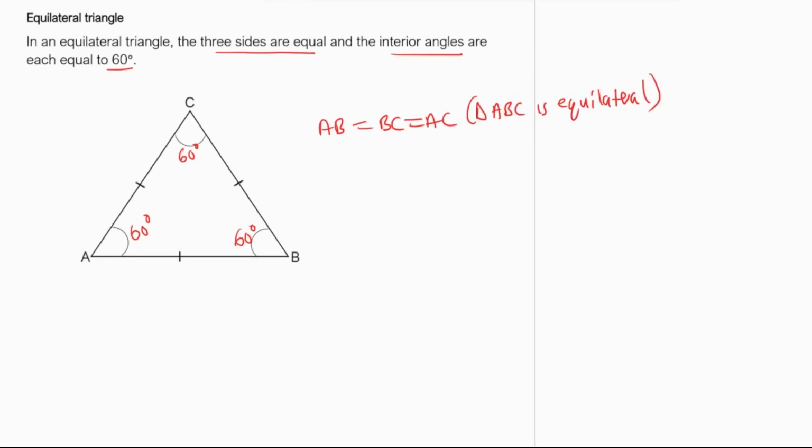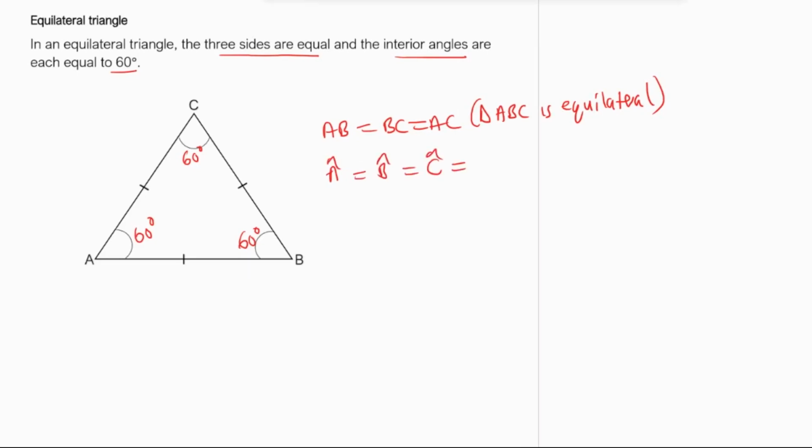And then also we can say that angle A is equal to angle B is equal to angle C, and each angle is equal to 60 degrees, since triangle ABC is equilateral.